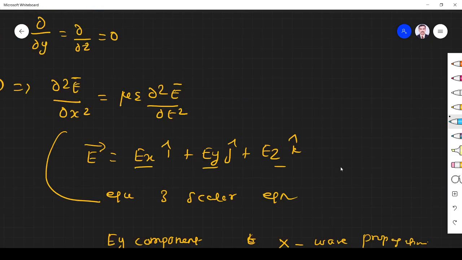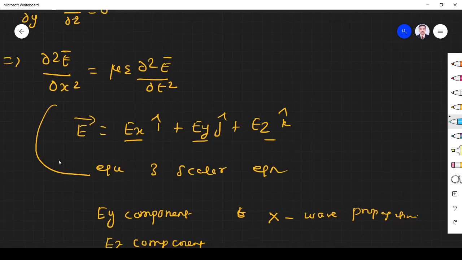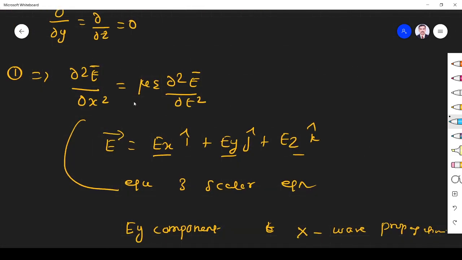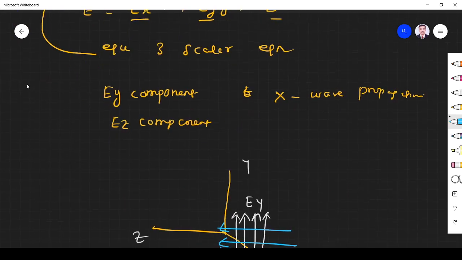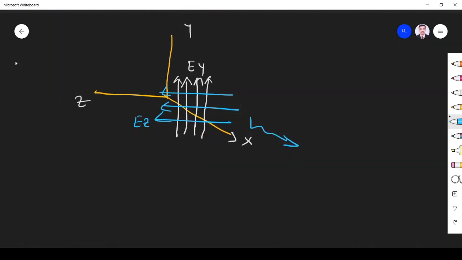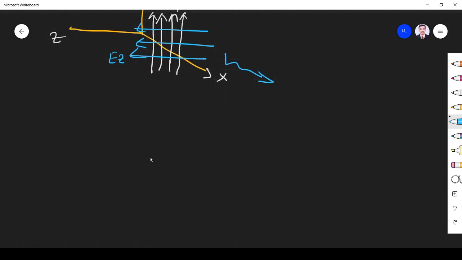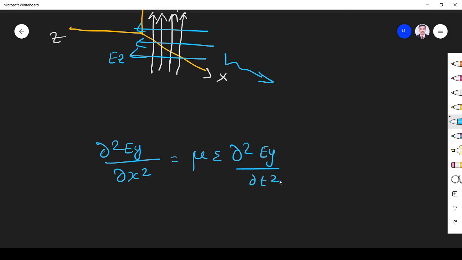So instead of these three components, we take only one component, Ey, present, and the others are absent. This equation becomes dou squared Ey by dou x squared is equal to mu epsilon dou squared Ey by dou t square.